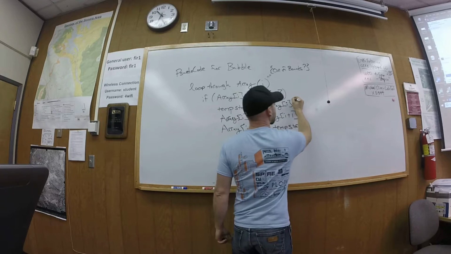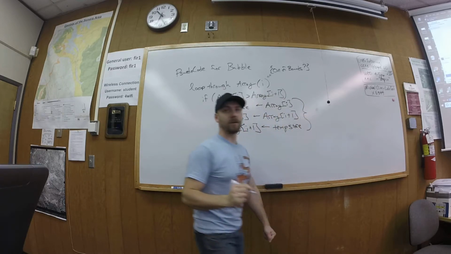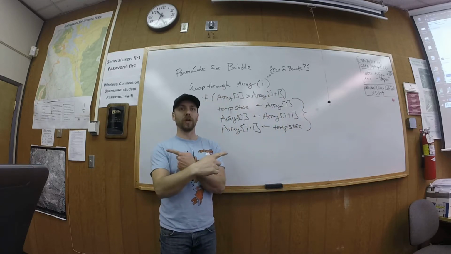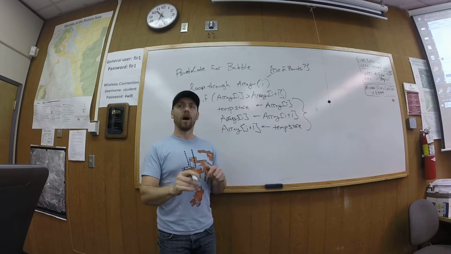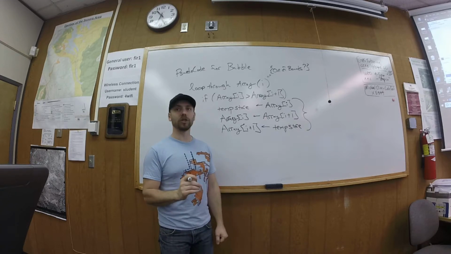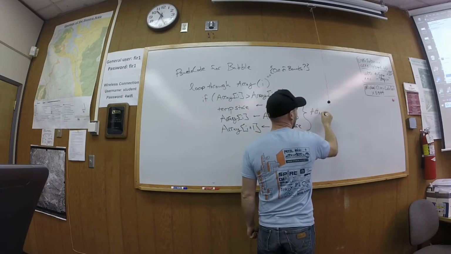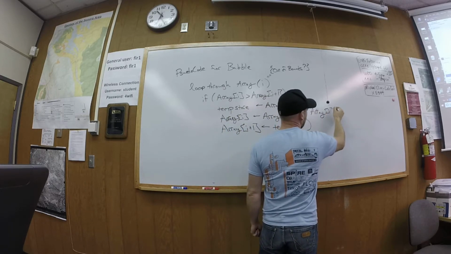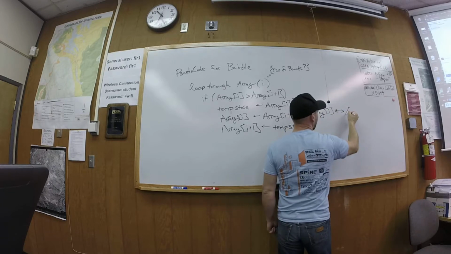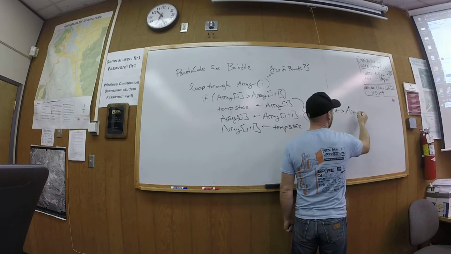This whole business, all of this stuff, is supposed to just switch those two guys, right? So I'm not super picky about your pseudocode, whether you write all 3 steps or whether you write the step like array I switches array I plus 1.